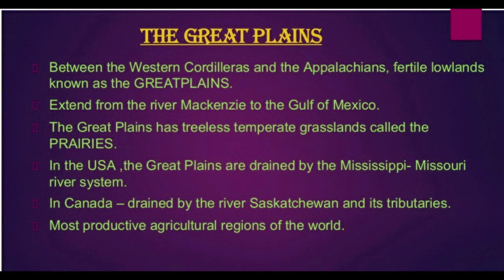The last point is that the Great Plains are considered the most productive agricultural region of the world. The basins of these rivers, that means the Mississippi-Missouri River Basin and the Saskatchewan River Basin, are the most productive agricultural regions of the world. That's why the Great Plains, mainly the prairies, are considered the granary of the world.